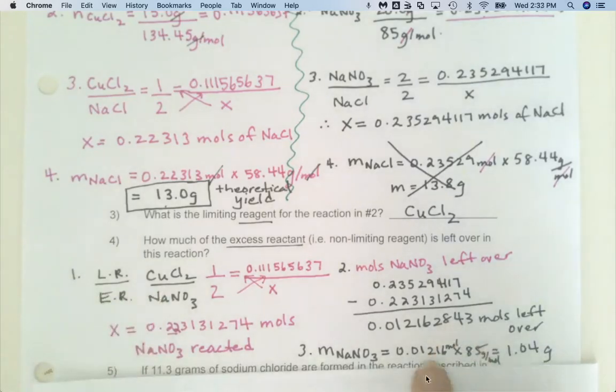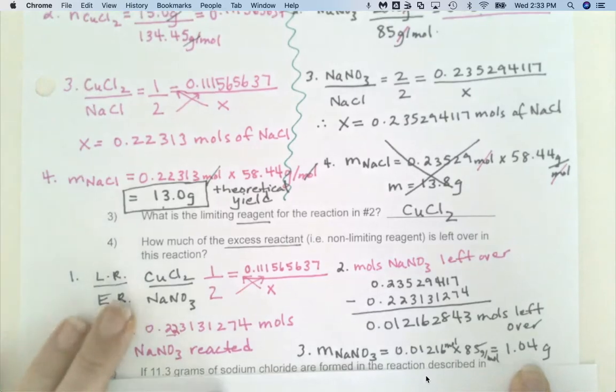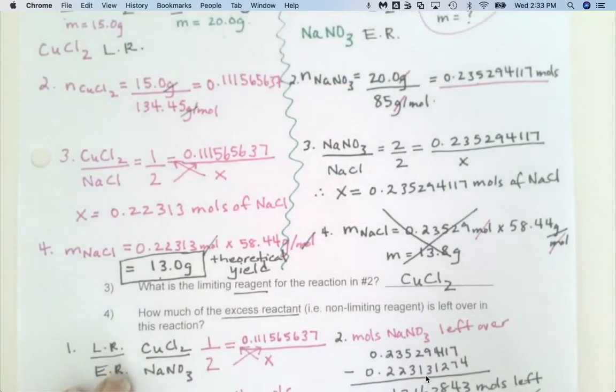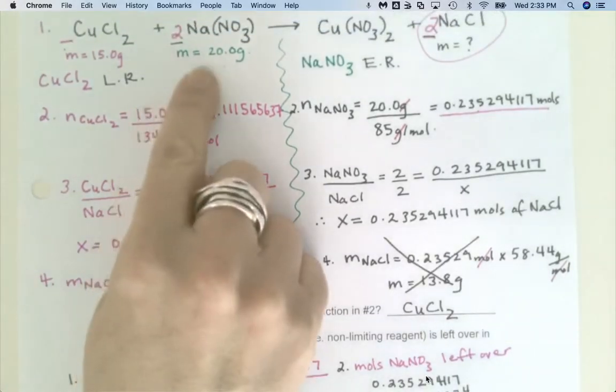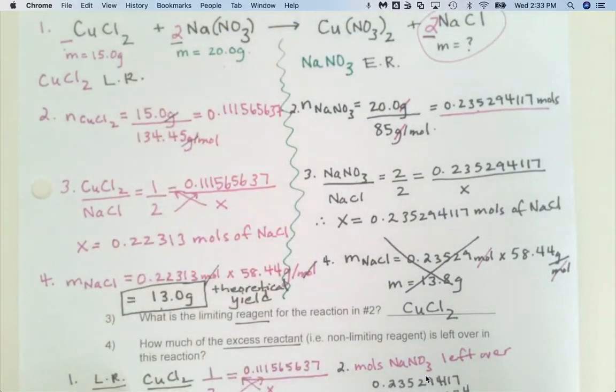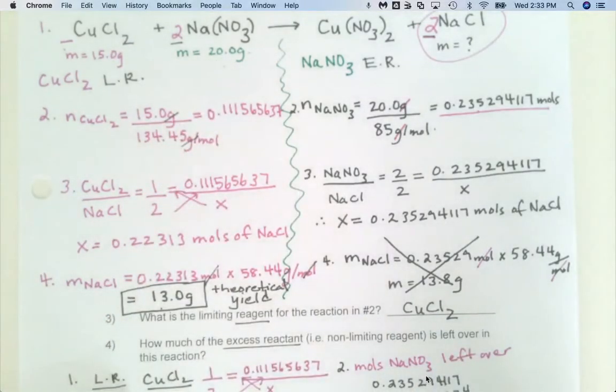So I take that mole value, and I know that moles of sodium nitrate times molar mass of sodium nitrate, which I already had from up here, multiplied together, indicates that I have 1.04 grams of this particular reactant left over. And that makes sense because if you get a value that's greater than what you started off with, that would not be valid. So it is plausible, because you started off with 20 grams of sodium nitrate, that you can in fact have 1.04 grams left over.